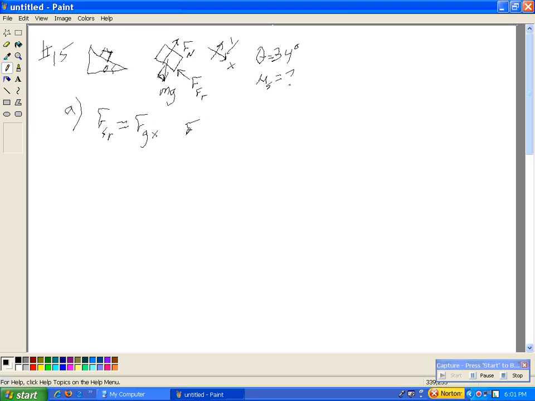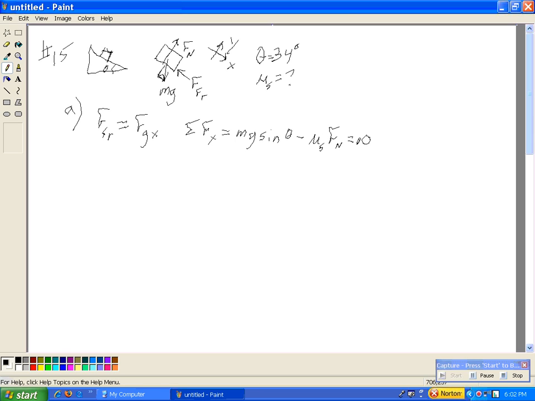So we can write that out as the sum of the forces in the x direction equals force of gravity in the x direction, mg sine theta, minus the force of friction, which will be the static coefficient times the normal force. All that will equal 0. It will not have an acceleration.